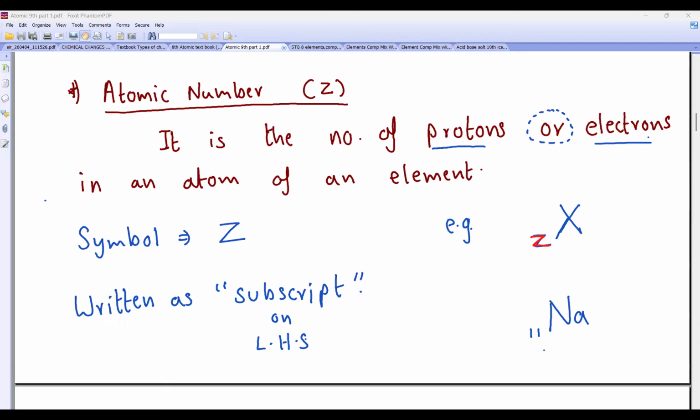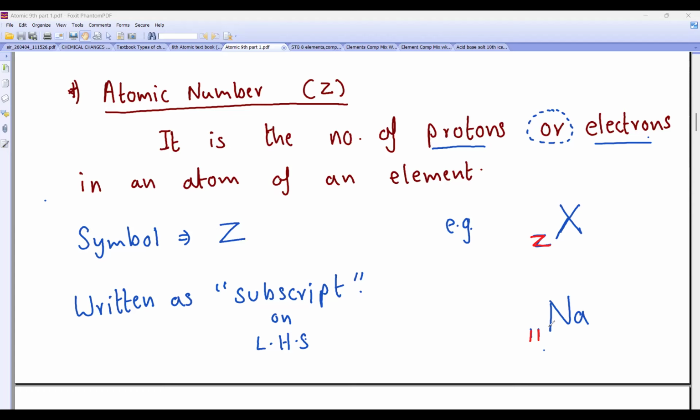If I write sodium 11, what does this mean? Sodium atomic number is 11. Copy this. Atomic number is the number of protons or electrons. Don't write 'and'. Whenever you say 'in an atom', then you can write it, because electrons change if you write ions.